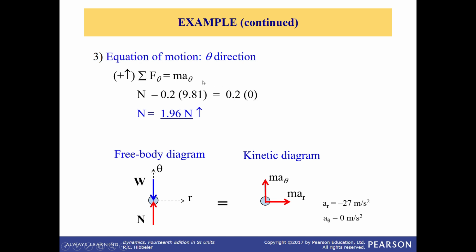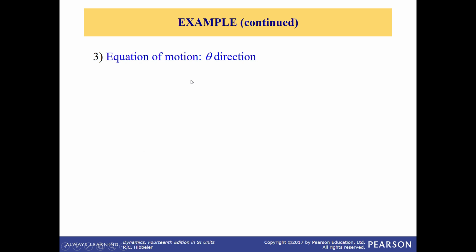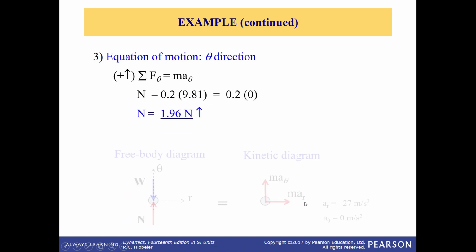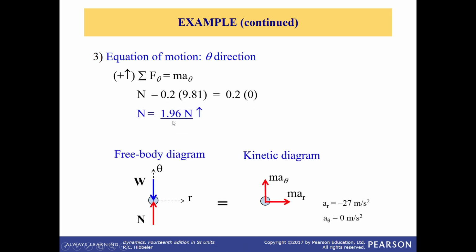Why 0? Because you already obtained a theta from this equation, a theta here. So directly you can get N equal to 9.96 Newton in this direction.